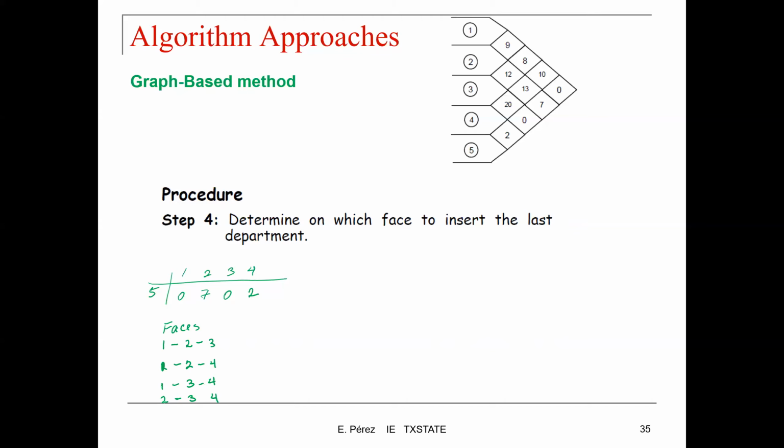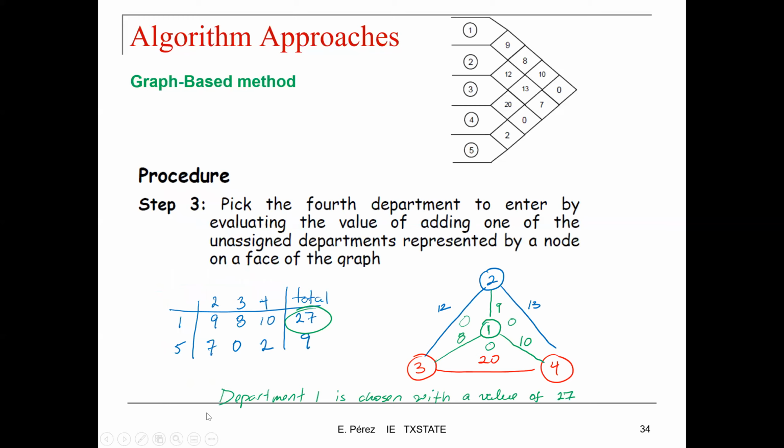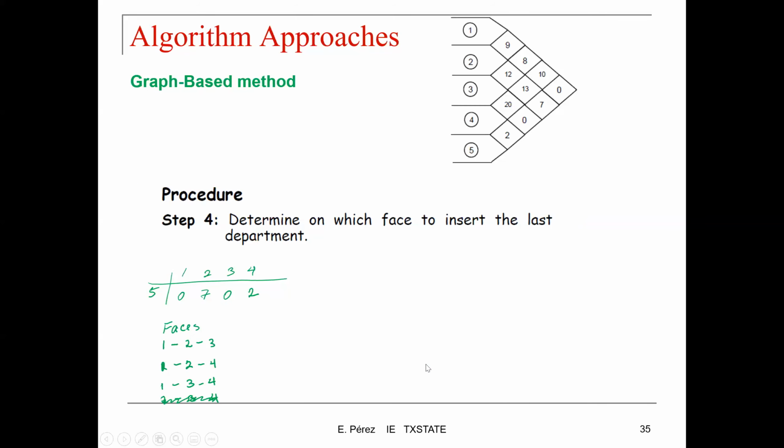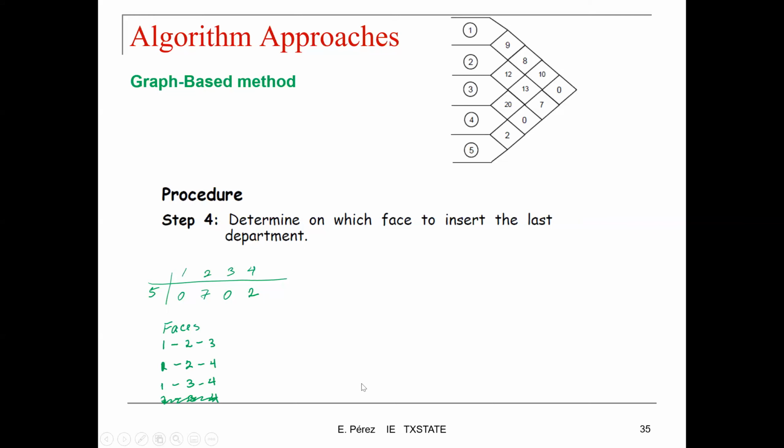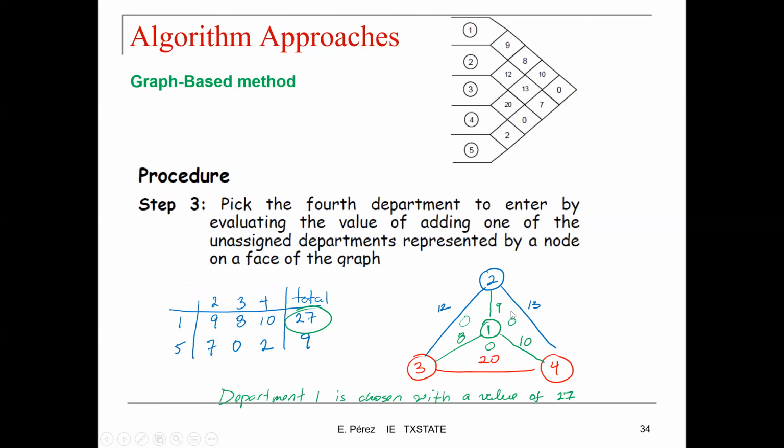Well, 2, 3, and 4 is the whole thing. So I have these 3 phases, right? 1, 2, 3. I have 1, 3, 4. And I have 1, 2, 4. So this triangle, this triangle, and this triangle. So those are the 3.